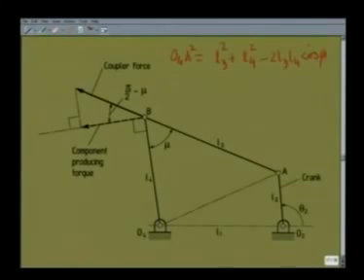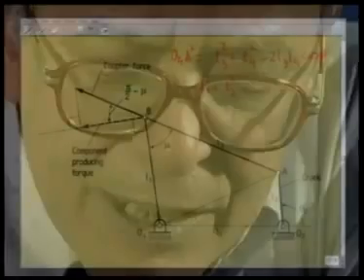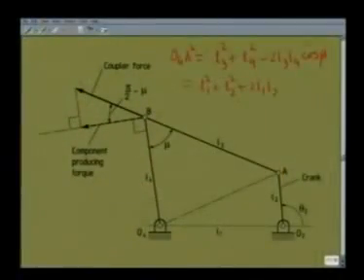Same way, if we consider the triangle O4A O2, then I can write again O4A squared is L1 squared plus L2 squared plus twice L1 L2 cosine theta 2.